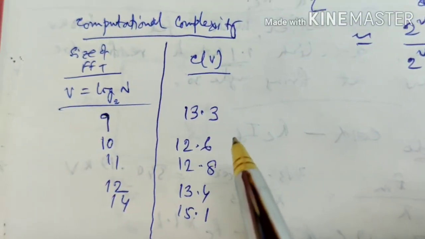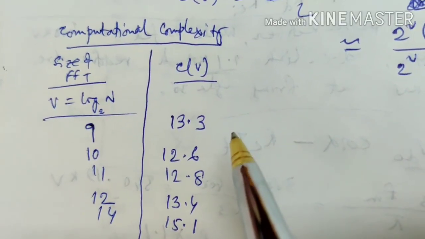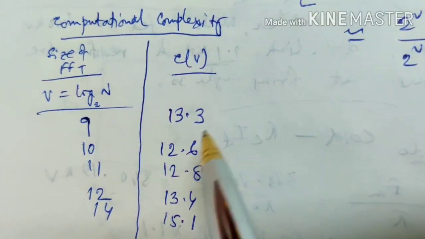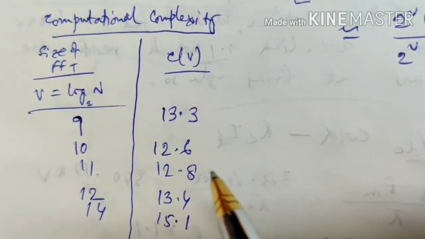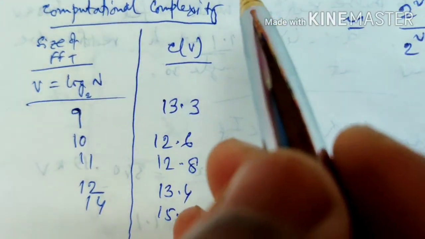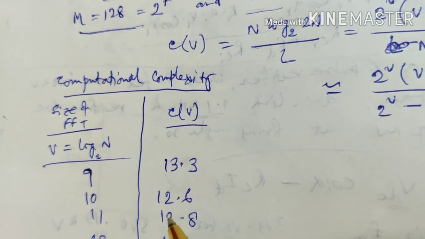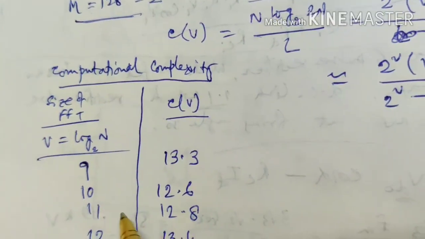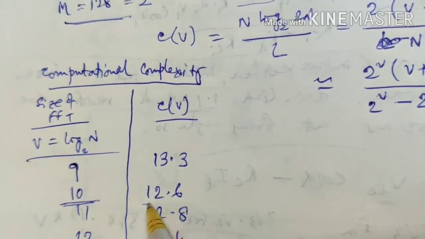We observe that there is an optimum value of v which minimizes C(v). For an FIR filter of size M equal to 128, the optimum value occurs at v equal to 10.